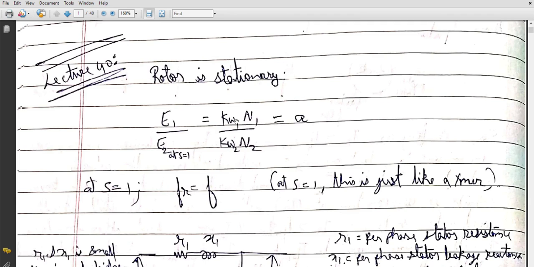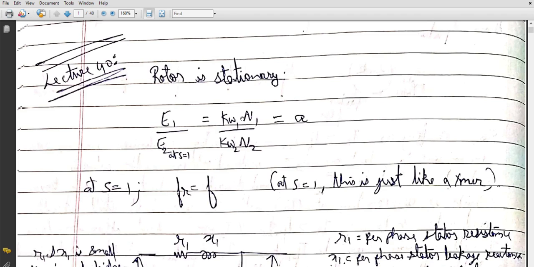But in a transformer there is nothing like this Kw. Why? Because in a transformer the windings are concentrated. There is no such thing as a distributed winding transformer, so the role of this factor is not prominent in a transformer.